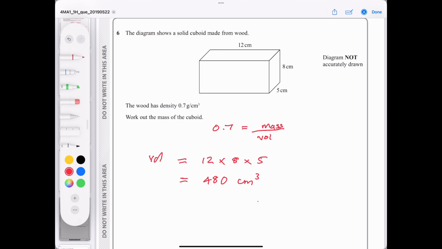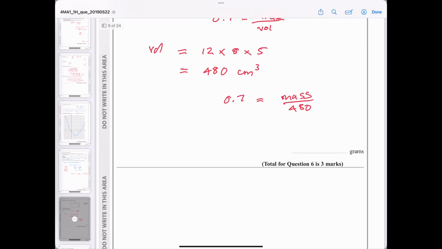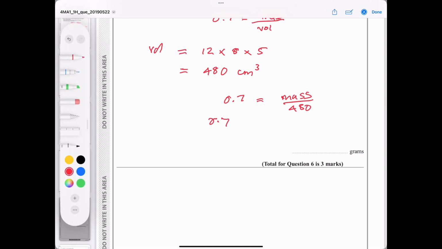Now, if we know that 0.7 equals mass over 480, then we know that mass would equal 0.7 times 480. So 0.7 times 480 equals the mass. And then that means that the mass equals 336 grams. And that's already written in for you, so that's rather good, isn't it?